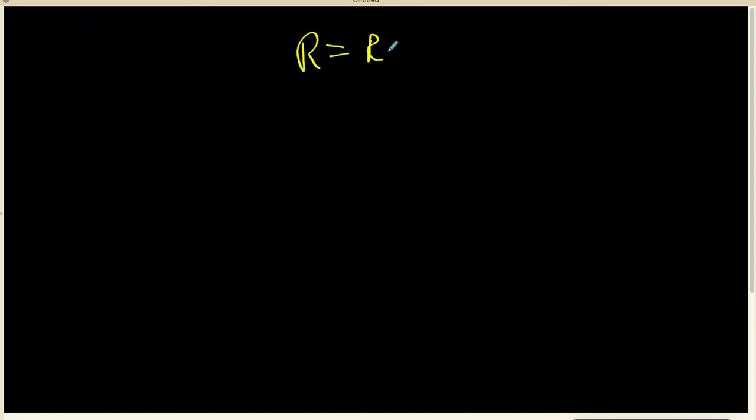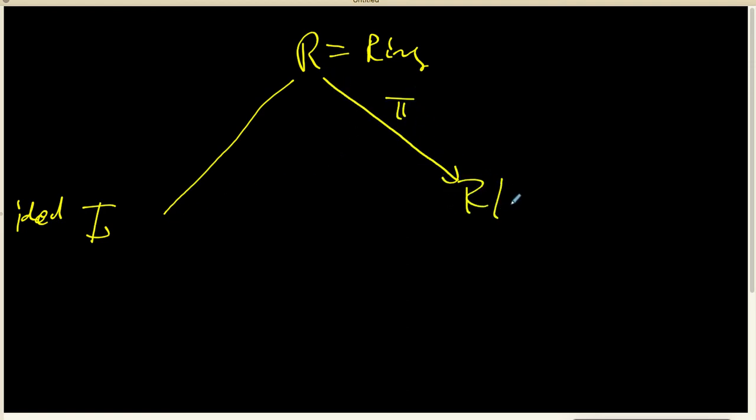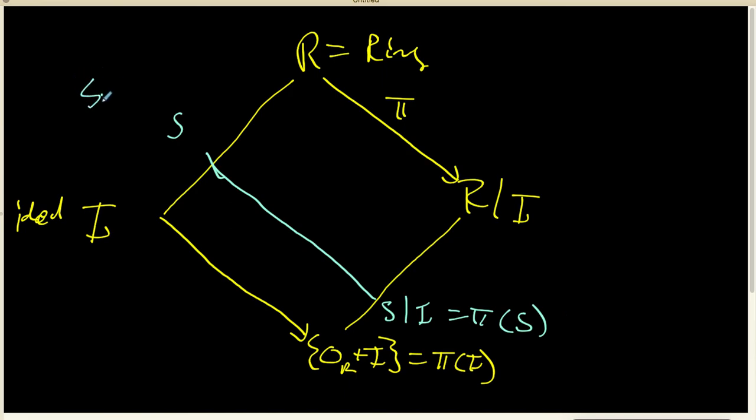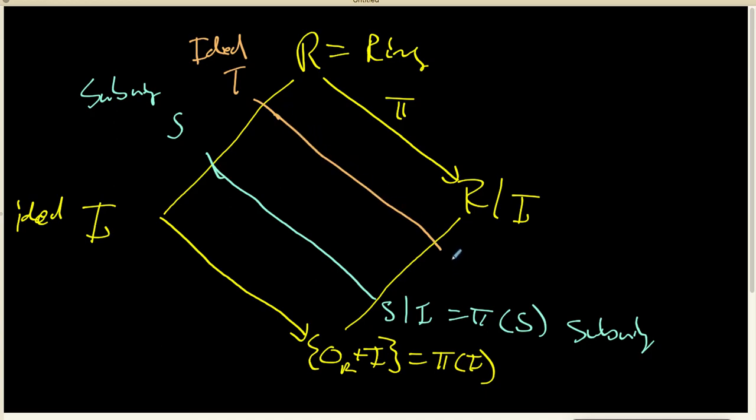So if we have a ring up here, and it contains a subring, rather an ideal down here, and we do the natural map π to R/I, the zero ideal in R/I will be π(I), and the correspondence will send subrings to subrings, and it will send, let's see, here's a pretty color, ideals into ideals.